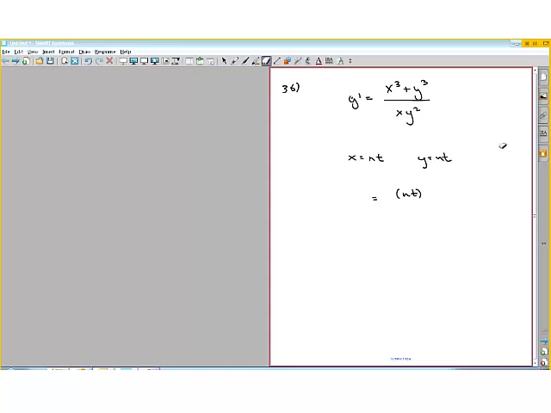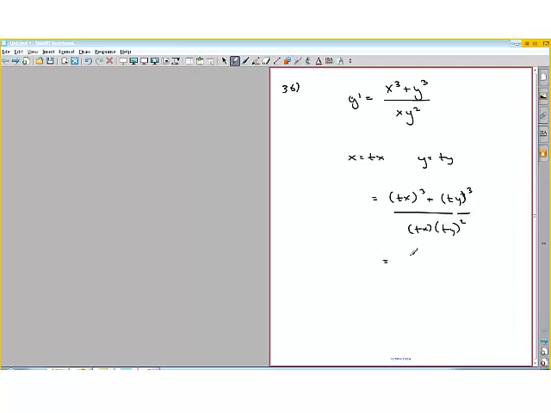Okay, so what we do is, for x, we put in tx, and for y, we put in ty. So you get (tx)^3 plus (ty)^3 divided by tx times (ty)^2.